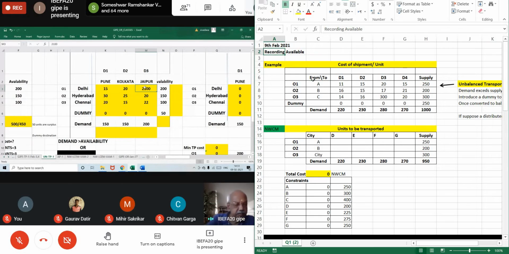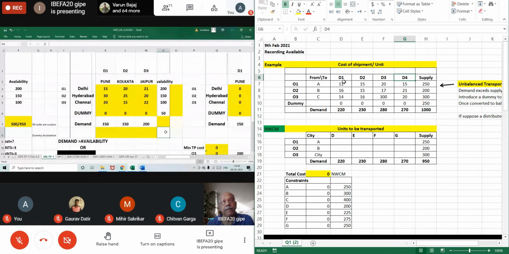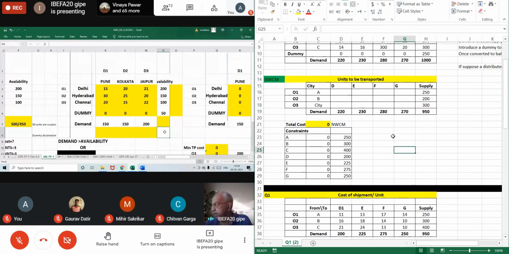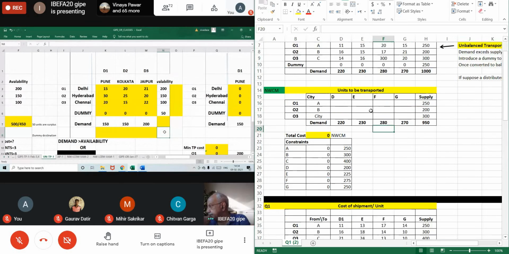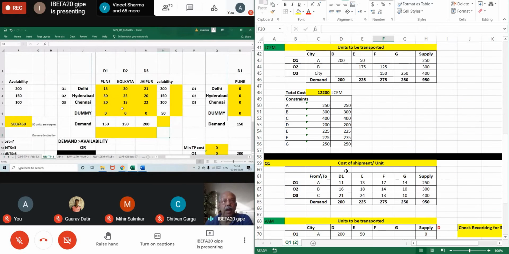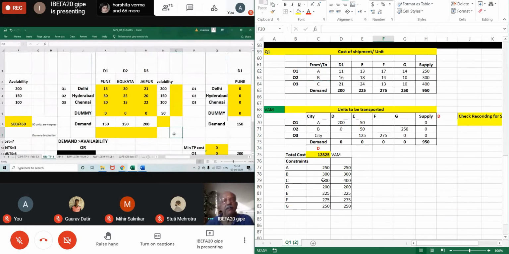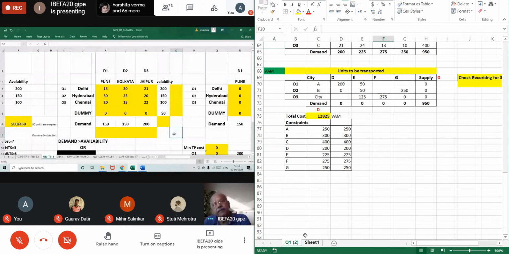Same way, if availability is more than the demand, you have to introduce a dummy destination. So now the transportation problem is balanced. We can do our work as usual.